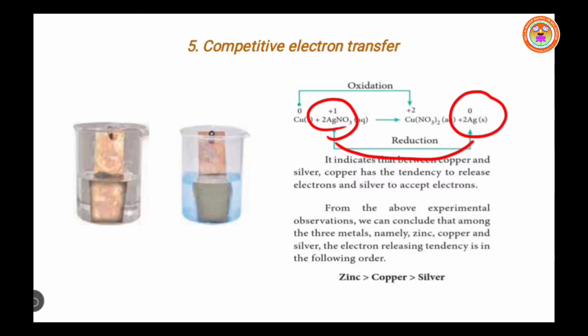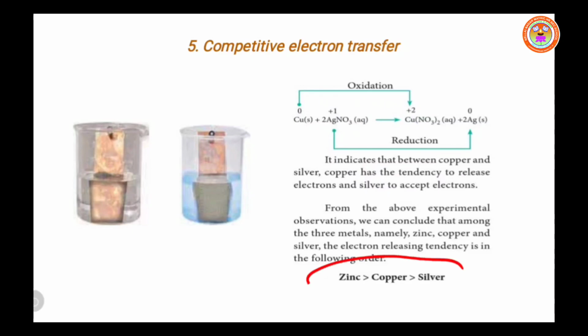Understand, children? So from the above experimental observations, we can conclude that among the three metals, namely zinc, copper and silver, the electron releasing tendency is more for zinc than for copper and than for silver. So zinc is greater than copper, which is greater than silver.